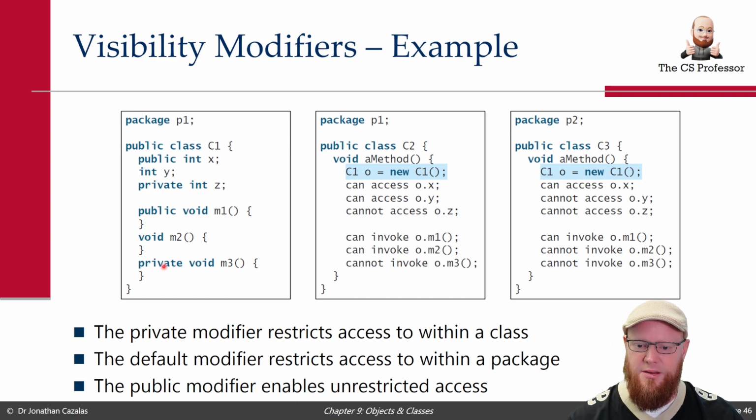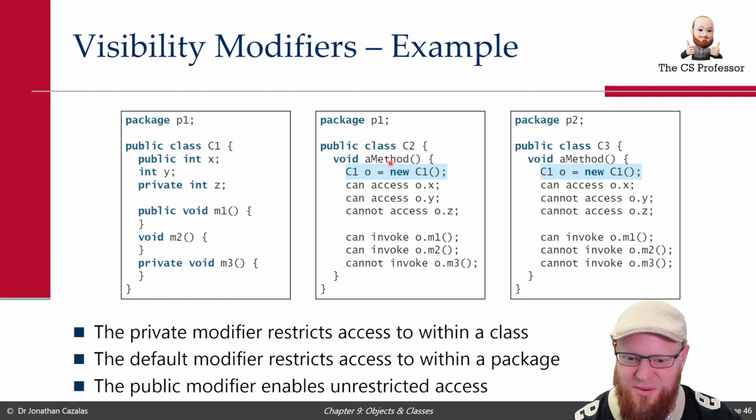So with that in mind, now let's look at class C2. Inside class C2, we have a method that's literally called a method. And inside that method, we make a new C1 object, right? Because C1 is a blueprint.